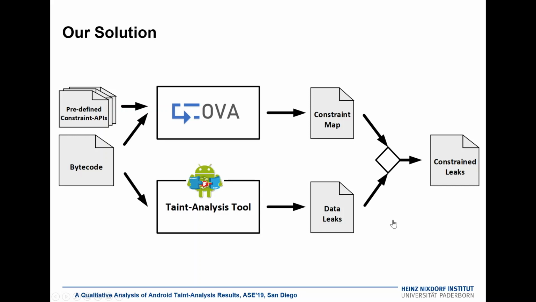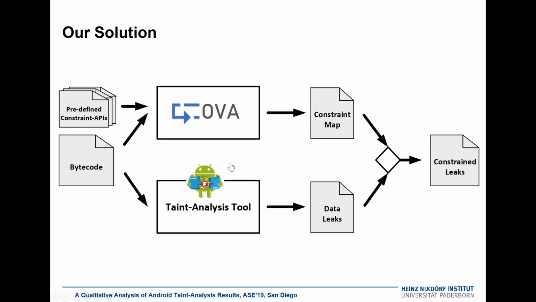Our solution to the problem is as follows. Instead of extending FlowDroid, we implemented a standalone tool called COVA, which can be configured to check the path conditions that depend on some predefined APIs we call constraint APIs. COVA computes a constraint map for each reachable statement.